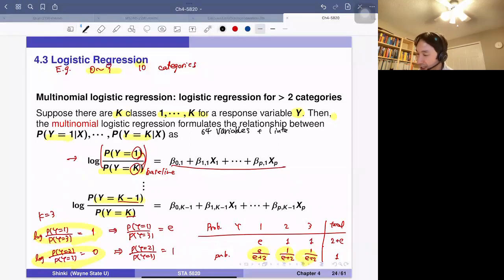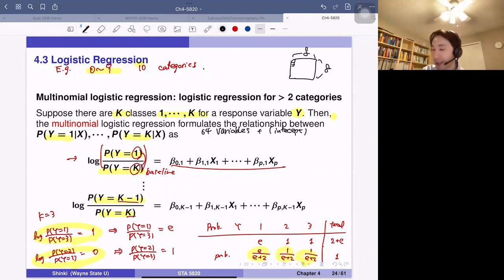This is a very practical setting, right? So maybe 8 by 8 digits, 8 dot by 8 dot images. Then maybe we have grayscale for each dot. Then we decide what the number is. So in such a case that we fit these characters, the response of 10 categories on 64 variables plus intercept. How many parameters in total in this model?